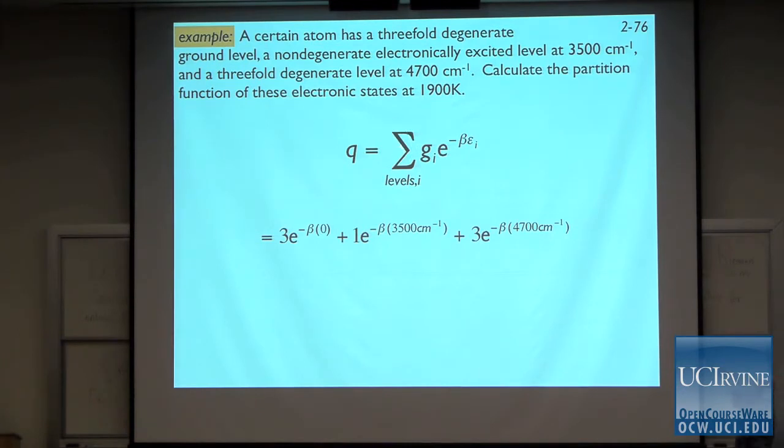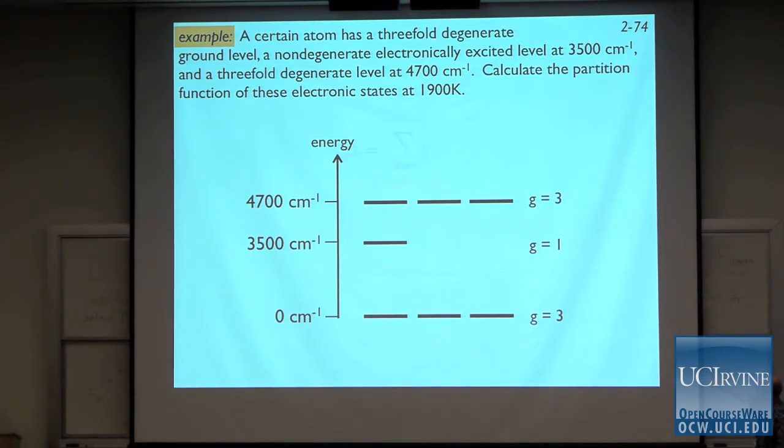So, what does the summation mean? It means that we're going to have to add up. We've got three states. We've got three terms in our summation. Ground state, first excited state, second excited state. Let's figure out what those terms are. The degeneracy of the ground state is 3.